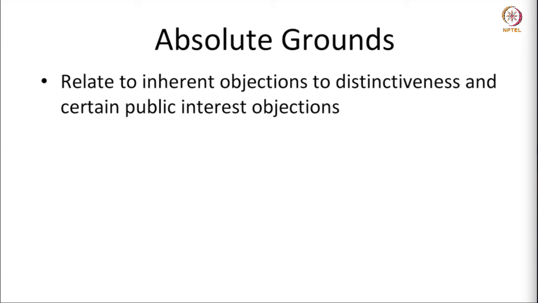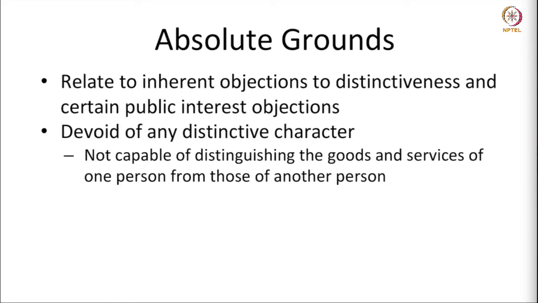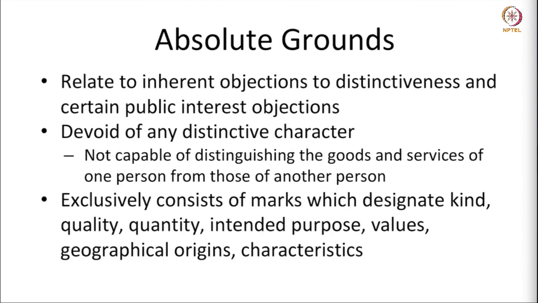Now, if the mark is not capable of distinguishing goods and services, it is inherently not distinguishable, or it does not have distinctiveness, that could be a ground for not registering it. The mark not having a distinctive character, in the sense that it is not capable of distinguishing goods and services of one person from those of another.